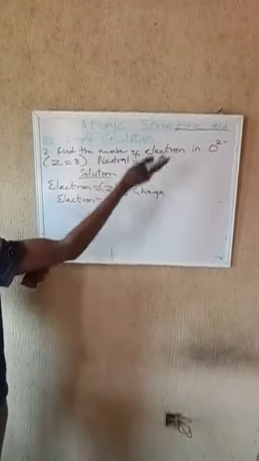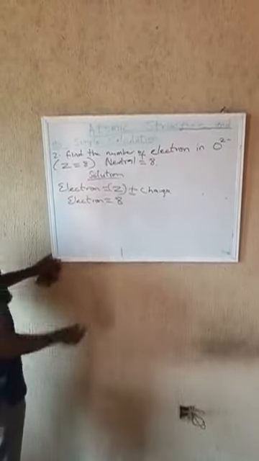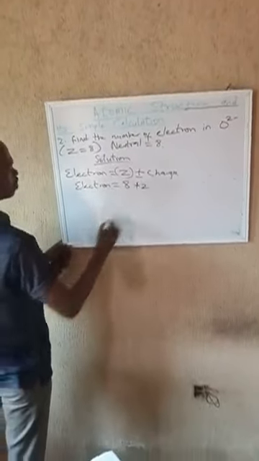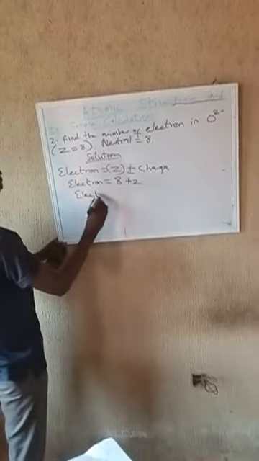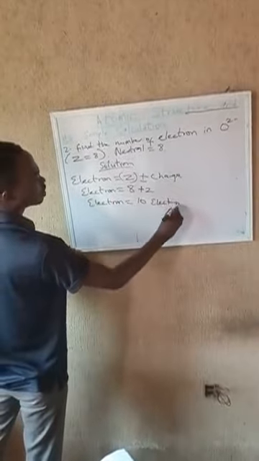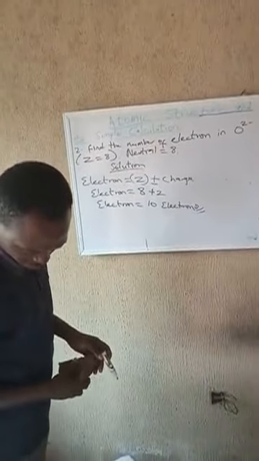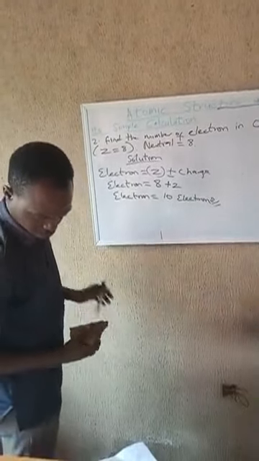And because it's an anion, it has gained 2 electrons. That's plus 2. So the electron is equal to 10 electrons. That's it.